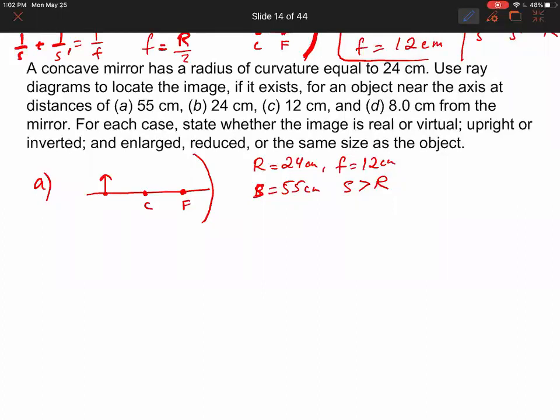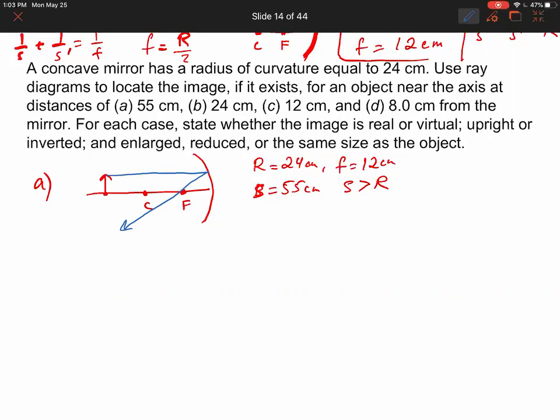So we're going to use 3 rays to define the image, and I'm going to show you how to find what type of rays to use. There are a number of rays you can use. One that I always use I call the P ray. P for parallel ray, because it moves parallel to the axis, and when it reflects, it always goes to the focal point.